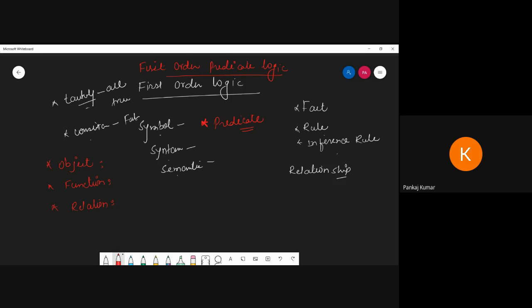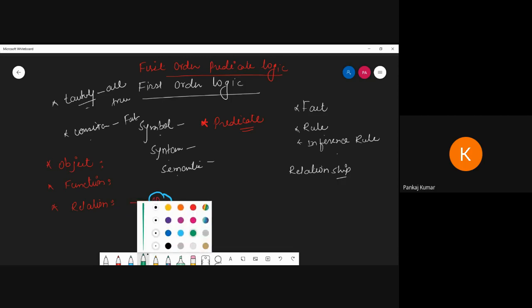And function, we can say the best friend of, the third friend of. So something written with "of" is called a function. Relationship is father of, brother of, sister of, that is called a relation. Where the "of" is written, that means a relation is established.